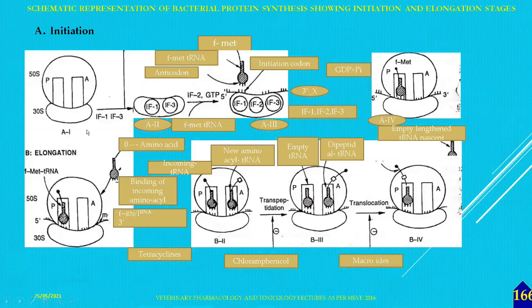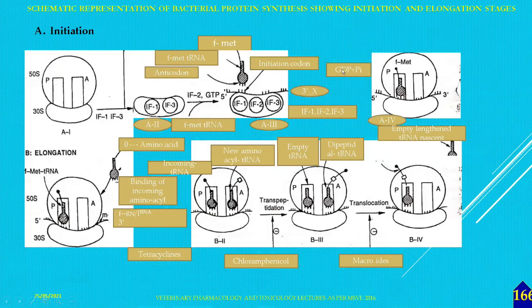This is initiation factor 1, IF1 and IF3, and these are going to bind, and this will be combined with the fMet-tRNA. Then IF1, IF2, and IF3 with fMet-tRNA are going to form the initiation complex. So there is an initiation codon, that is fMet-tRNA, and this is fMet.